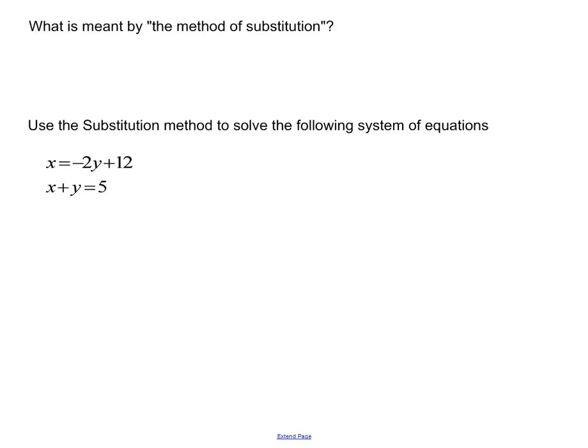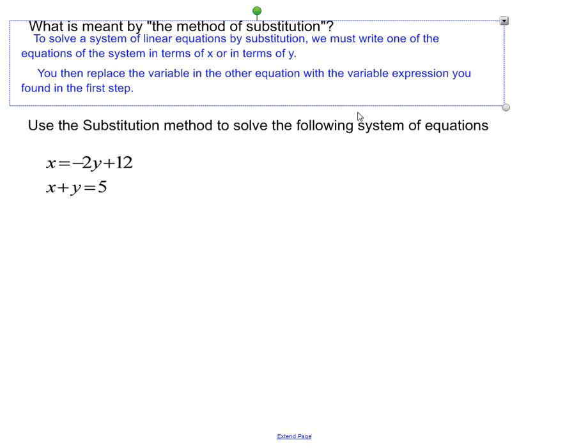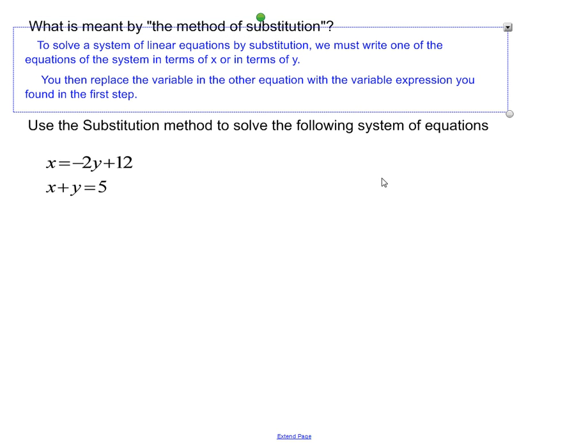Right? So our answer here is that to solve a system of linear equations by substitution, we're going to solve one of the equations in terms of x or in terms of y, and then replace that variable in the other equation with the variable expression you found in the first step. I'll call your attention to this bottom one right here. We're actually going to use the substitution method to solve this one.